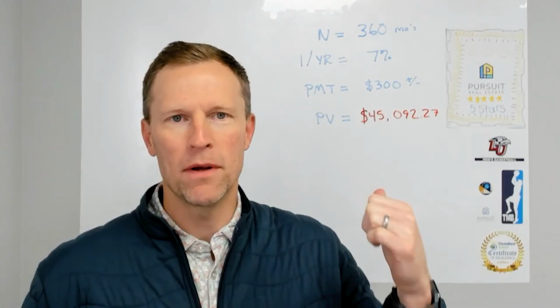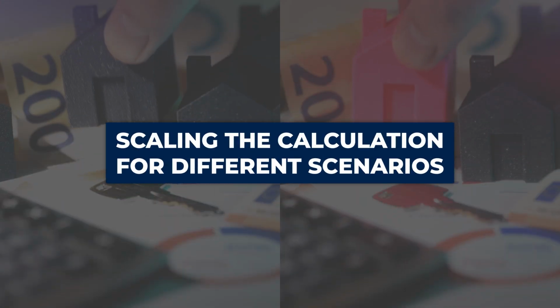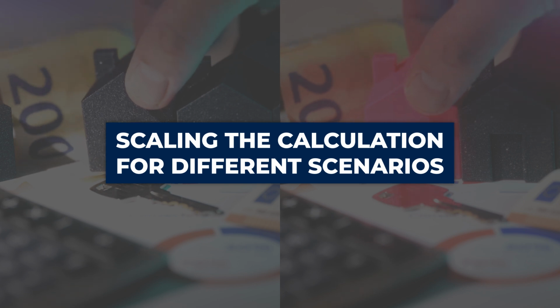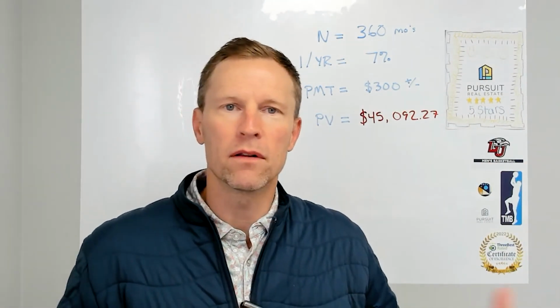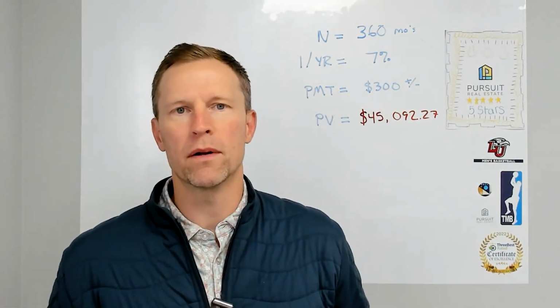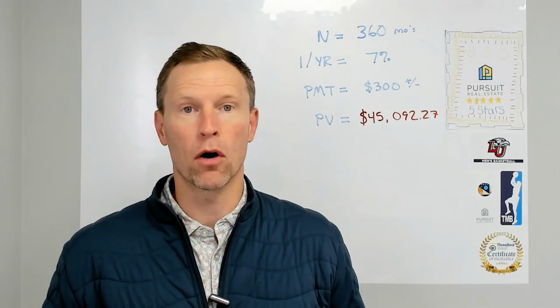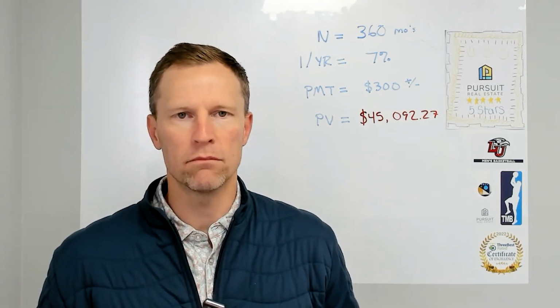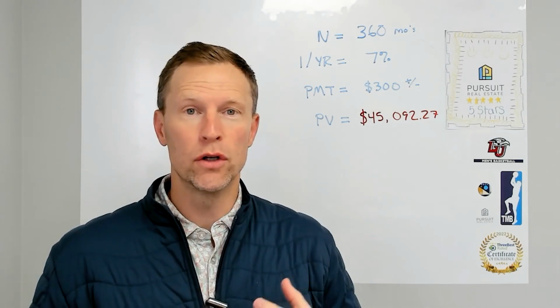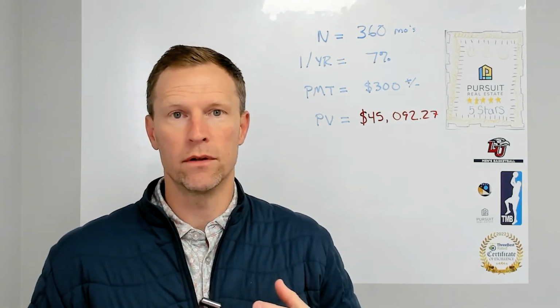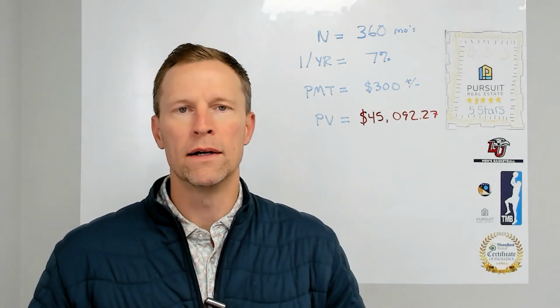So, math behind me: 360 months. We're going to use the 30-year mortgage as our gauge for seeing the value difference. And now we're borrowing money at around 7%. Maybe it's a little less, maybe it's a little more, but I'm just using that as a marker or measure so that we can see the difference in what this monthly payment should show us in terms of the ability to borrow more money to buy the other one.